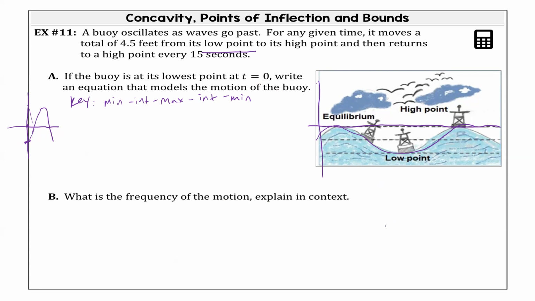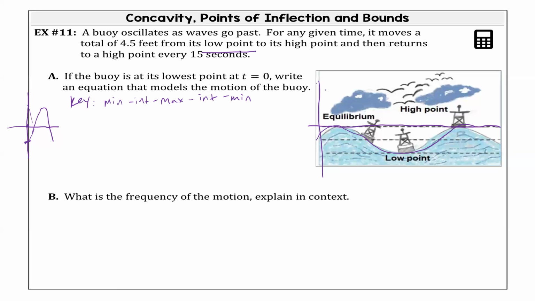I think it's because of how it starts off as a minimum. Cosine starts off as a max, intercept, min, max, right? I was just saying this was my low point, and then I went high above my equilibrium. It's saying I'm starting at a low and then going back up. I see it as a negative cosine.